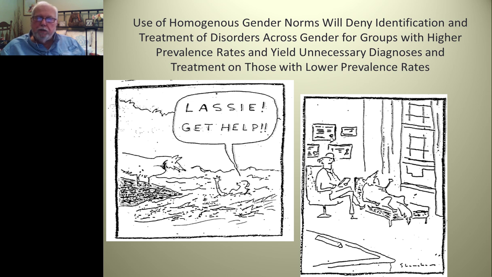The use of homogeneous gender norms will deny identification and treatment of disorders across gender groups with higher prevalence rates and yield unnecessary diagnoses and treatment on those with lower prevalence rates. We want to get it right. When we are able to offer help, we want to offer the right kind of help to the right people. I'm pretty sure this is not what Timmy meant when he told Lassie it helped.